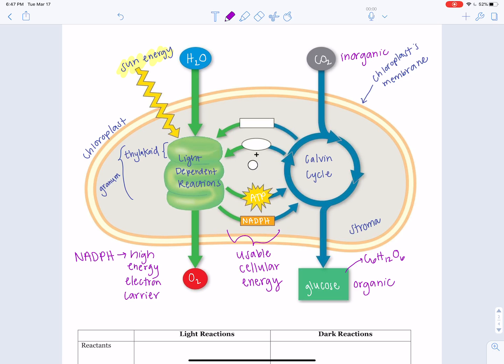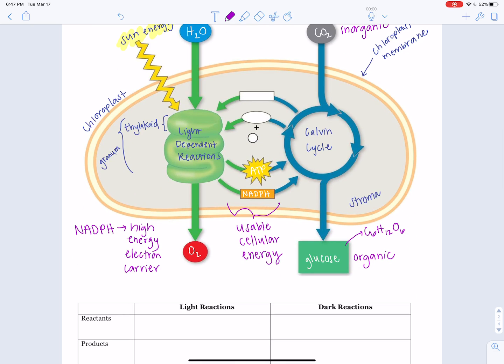And once the Calvin cycle uses the ATP and the NADPH, which again is carrying, and we're going to air quote that, the sun's energy, to take the CO2 and convert it to glucose, it's going to shuttle the spent forms of NADPH and ATP back to the light-dependent reactions.